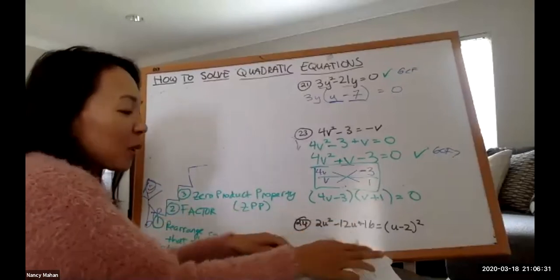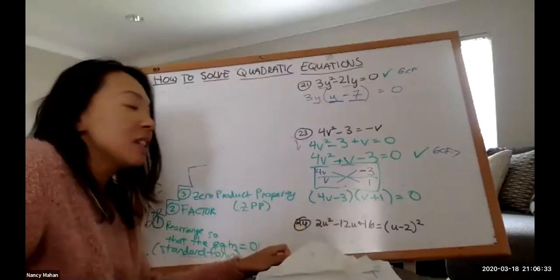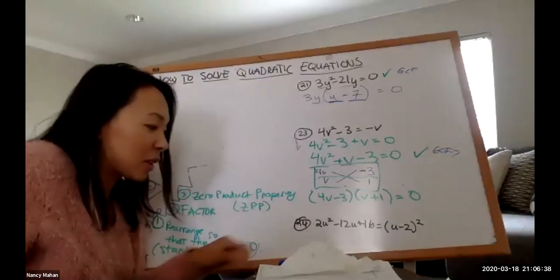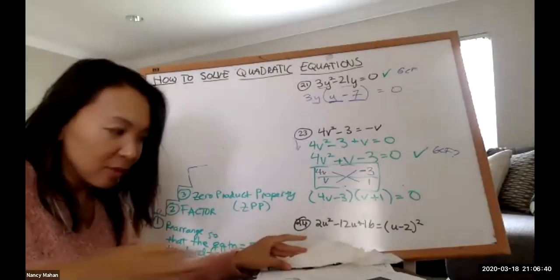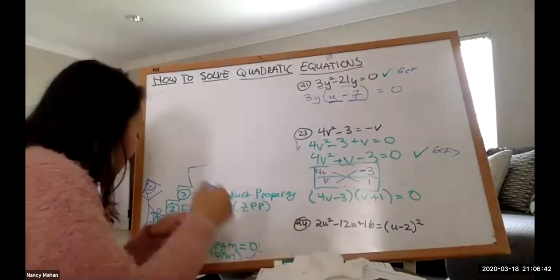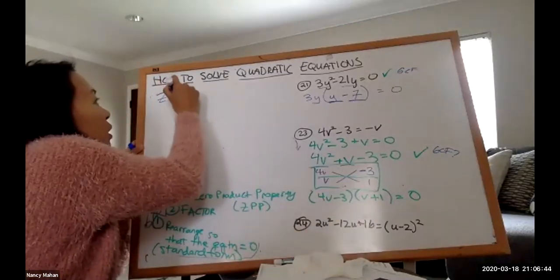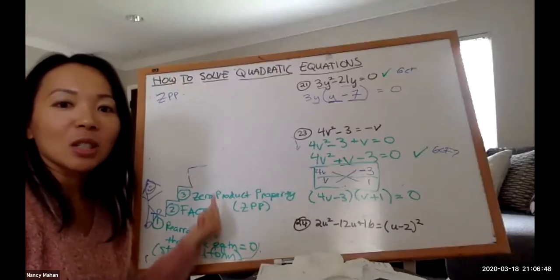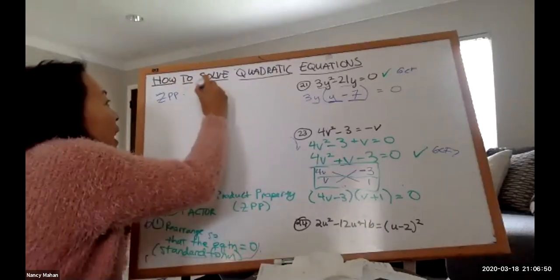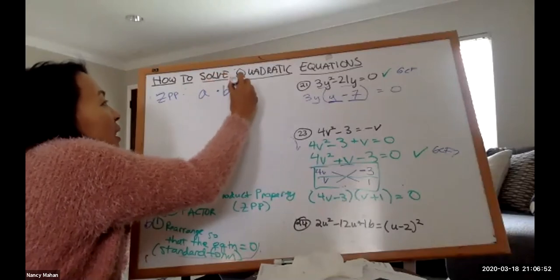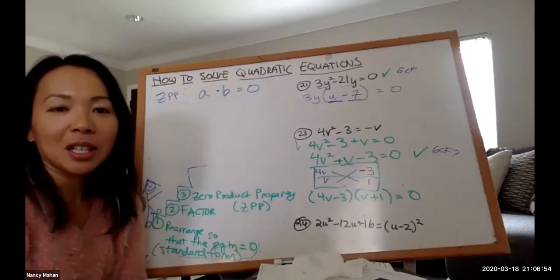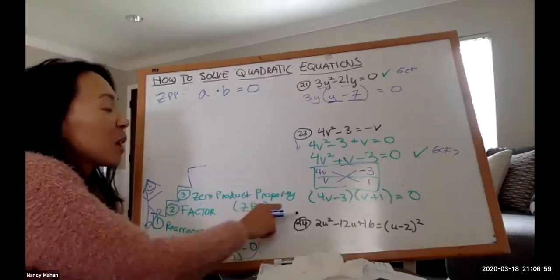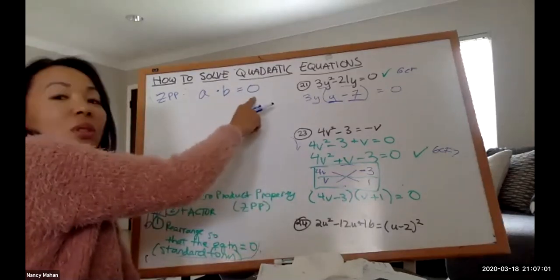So what the zero product property says, so the ZPP, this one's out of marker. The ZPP, zero product property, says if I gave you A times B is equal to 0, that's a product, and it equals 0.